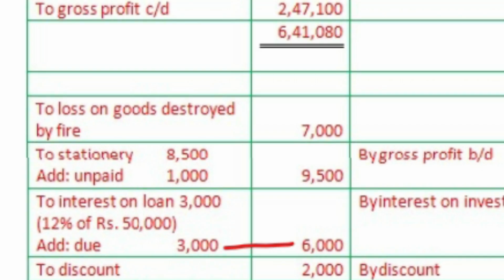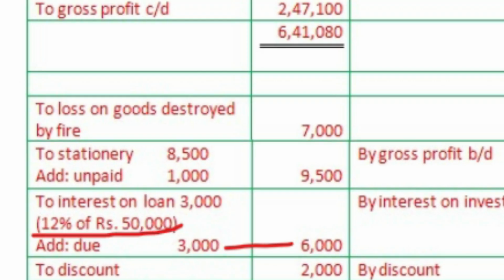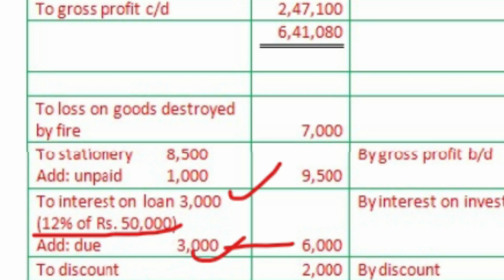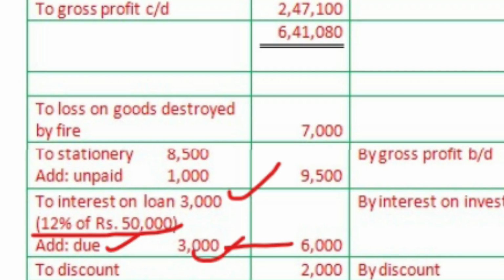I hope you have understood how it is calculated. 12% of 50,000 comes to 6,000, and out of 6,000, 3,000 is already paid and 3,000 is unpaid, so it is written as due, outstanding.